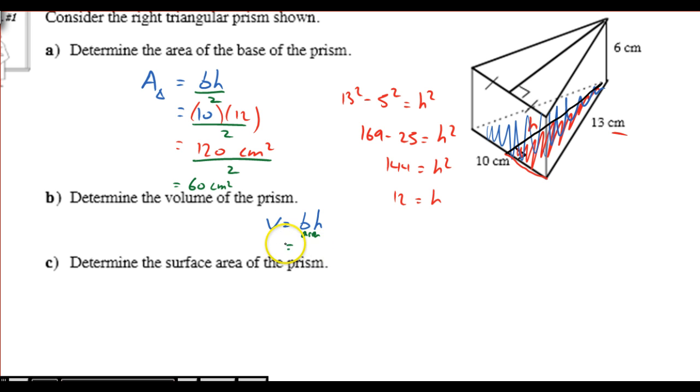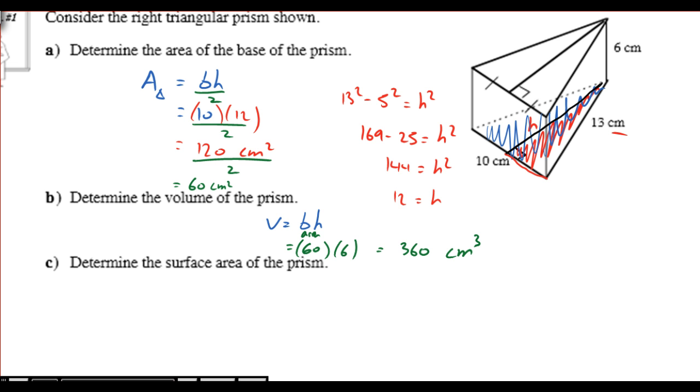So we have 60 times the height, which is 6, and that would be 360. Now that would be centimeters cubed, because we're looking at 3 dimensions now.